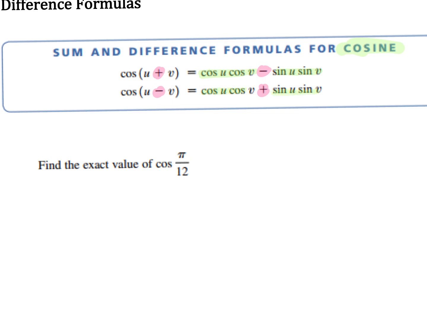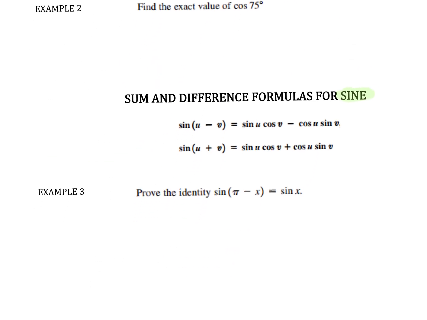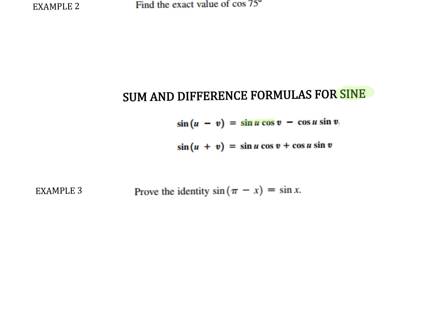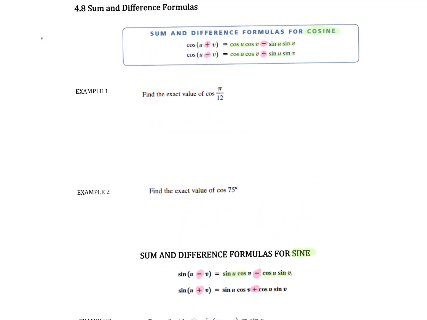Whereas if you look at the sine formulas, the sines and cosines are kind of mixed together, and the positive and negative signs correspond in each place on the left hand and the right hand side. So those are some things to pick up on and notice on each of those different formulas.